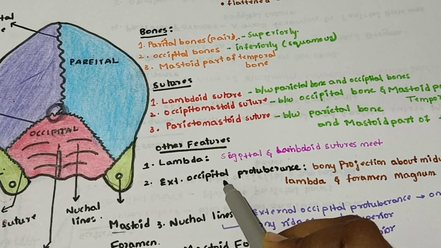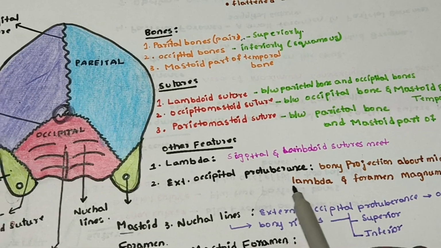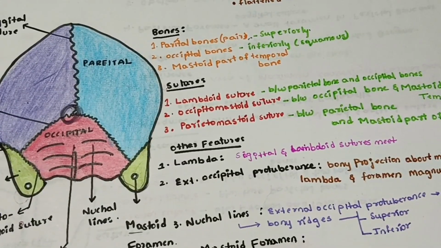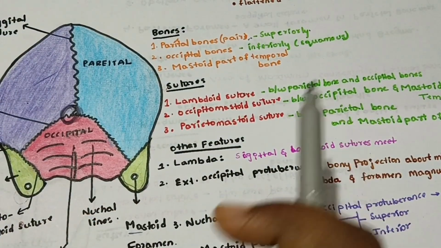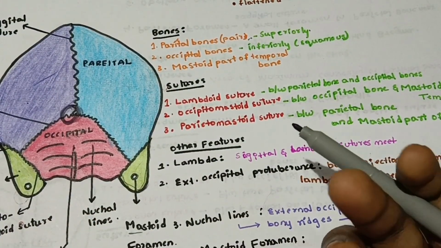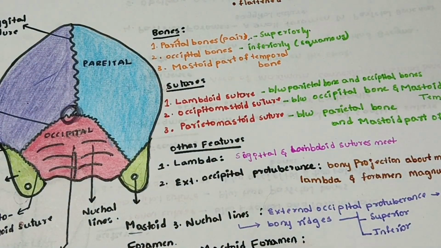Now, the external occipital protuberance is present between the lambda and the foramen magnum. In the base of the skull, we have a very big foramen known as the foramen magnum, from where the brain continues as the spinal cord.